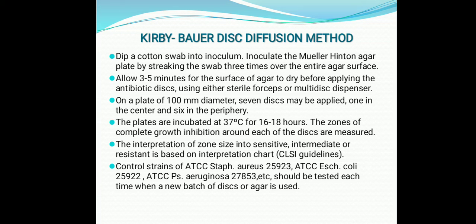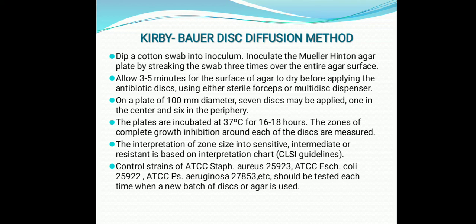The steps we can carry out are as follows. We will dip a cotton swab into the inoculum. Then we will inoculate it on the Mueller-Hinton agar plate by streaking the swab three times over the entire agar surface.